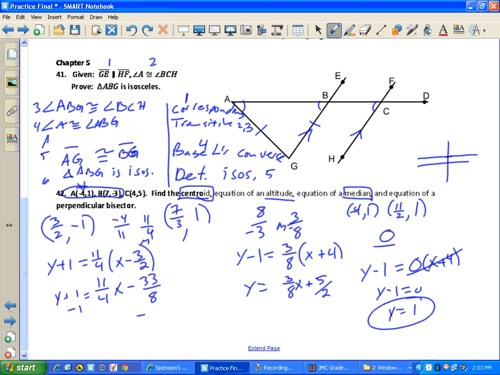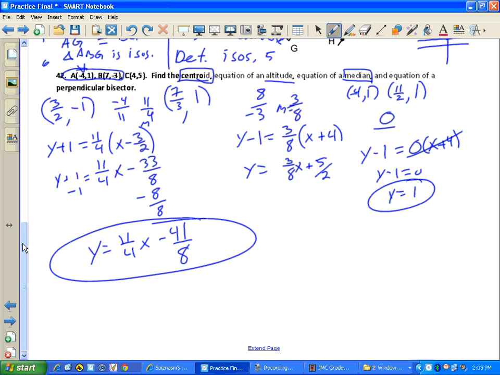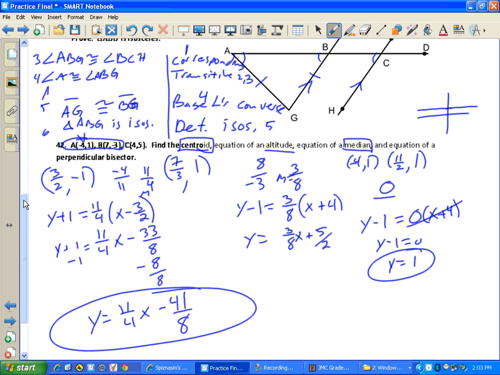Subtract 1, which is the same as subtracting 8 eighths. And my equation is going to be y equals 11 fourths x minus 41 eighths. Okay, so that's one equation for one perpendicular bisector.